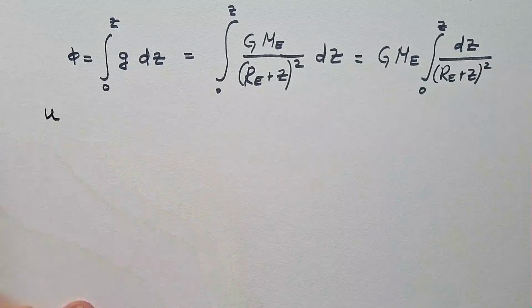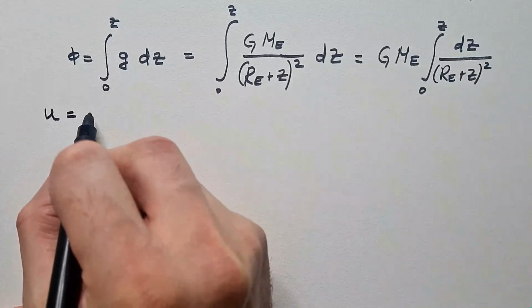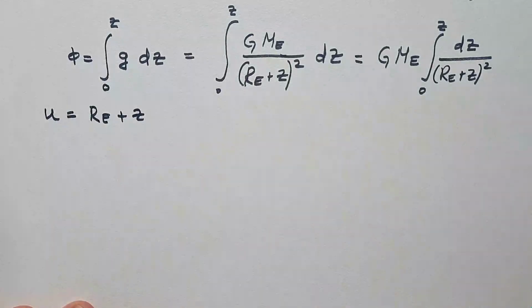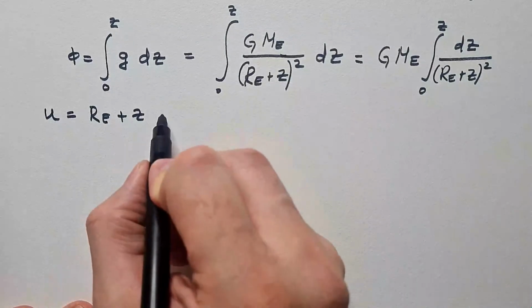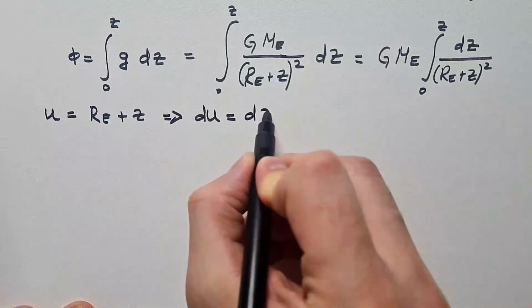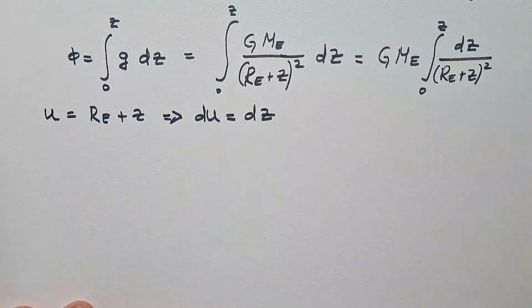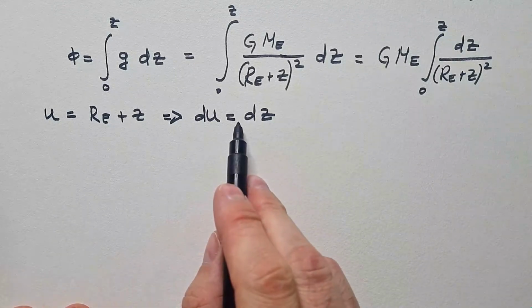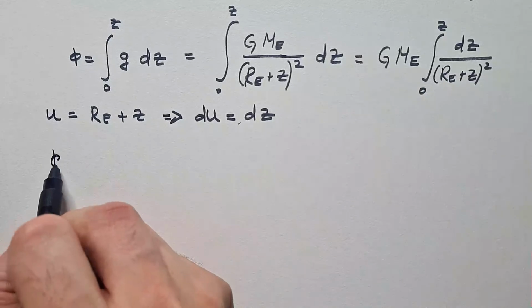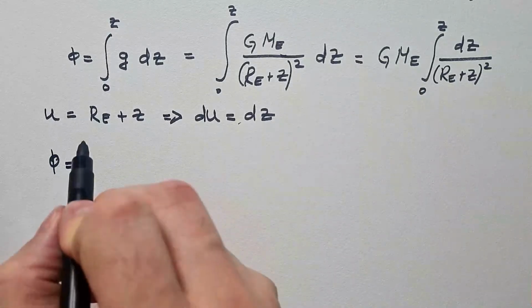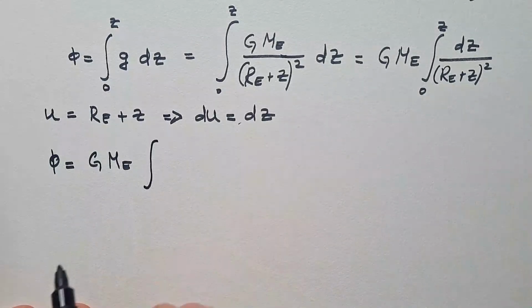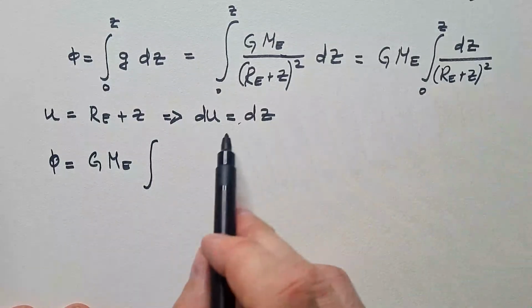We say some u is equal to R_E plus z, what we see under the integral. And if we differentiate this, du is dz, because R_E is constant.